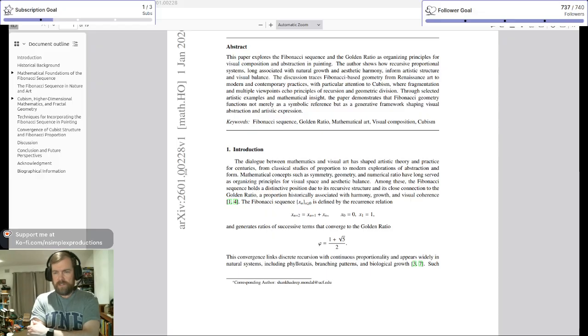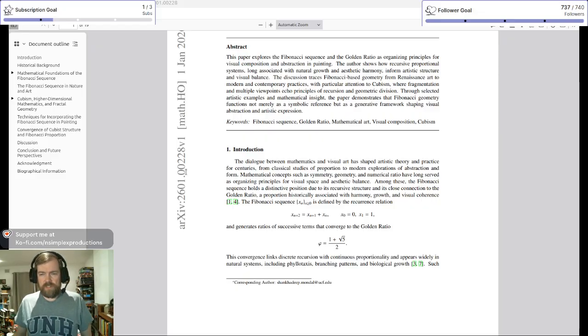The Fibonacci sequence is given by the following. We all know that, right? Any number that you want to get, you have to add the two numbers before it to get the next one, etc. And this generates a ratio of successive terms that converges to the golden ratio phi, 1 plus the square root of 5 all over 2.